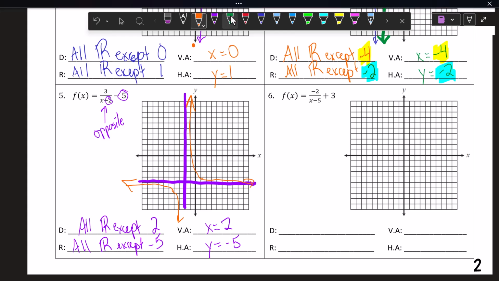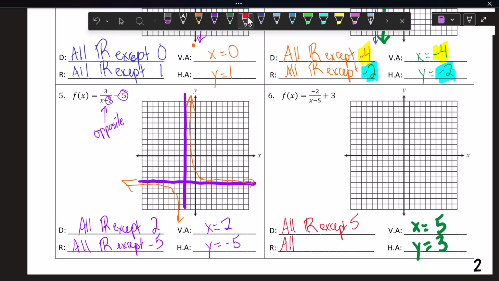One last one to go. Our vertical asymptote is x equals 5, and our horizontal is y equals 3. Our domain then is all reals except what x can't be, which is 5.